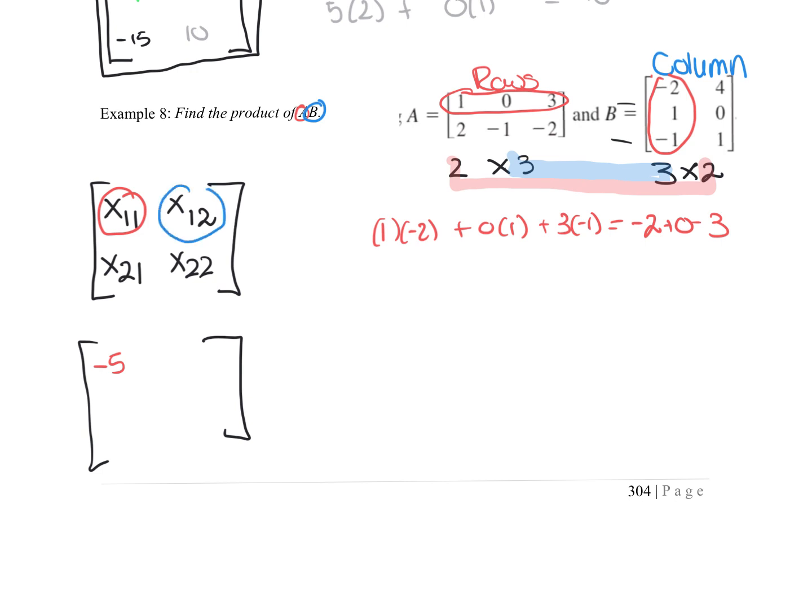This is row 1, column 2. So 1 times 4 plus 0 times 0 plus 3 times 1 makes a 4 plus a 3, which is going to be a 7.